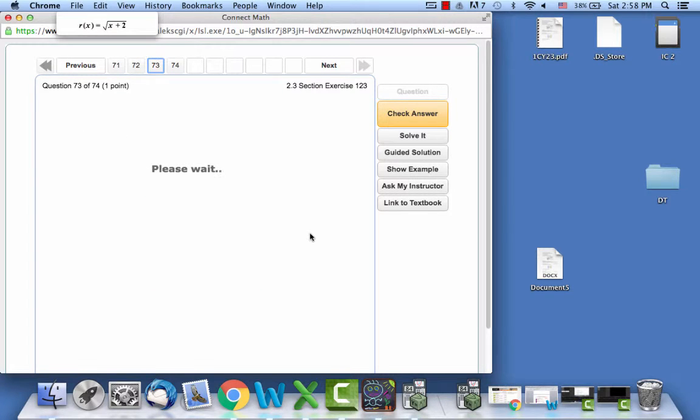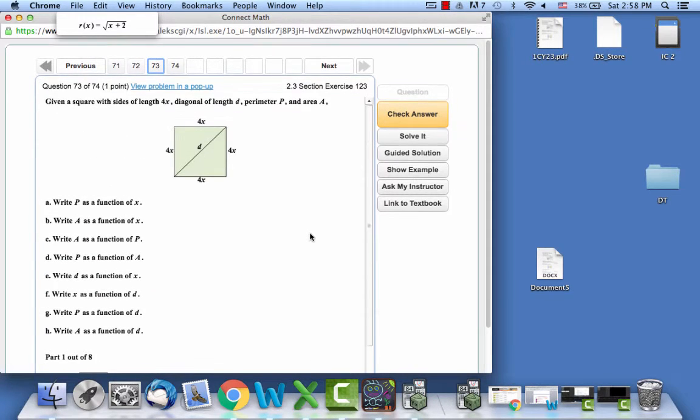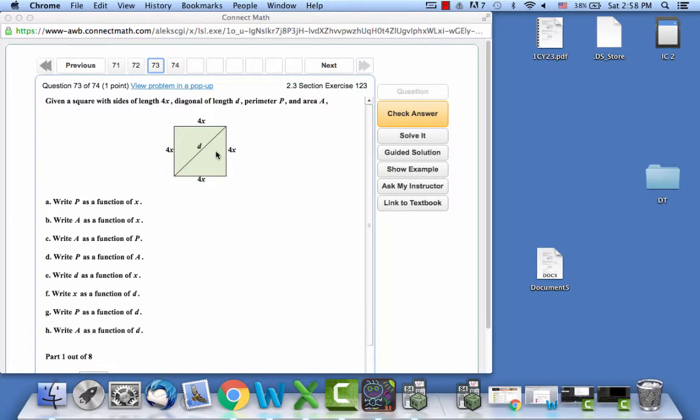And then 73. So we have a square with sides of length 4x, diagonals of length d, perimeter P, area A. So we want P as a function of x. It's the perimeter.